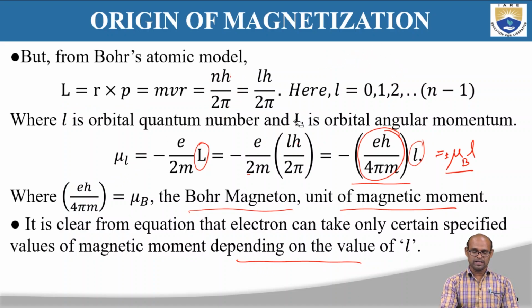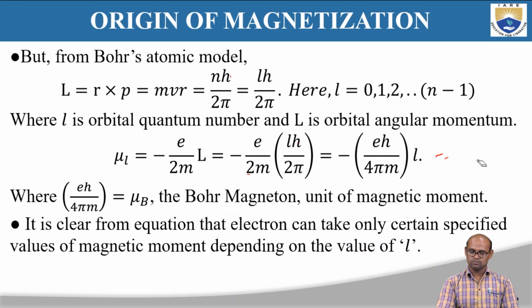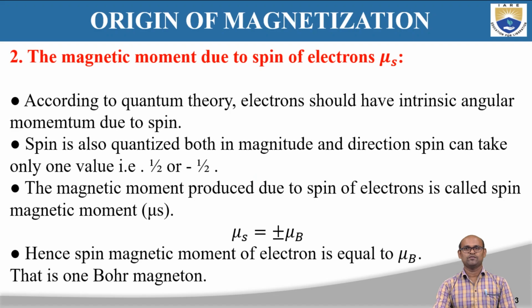So we have derived the equation for the magnetic dipole moment coming from the orbital motion of the electron, and we find that it can take only certain specified values based on the value of L. That is the first source of magnetization of a material, which is the orbital motion of the electron.